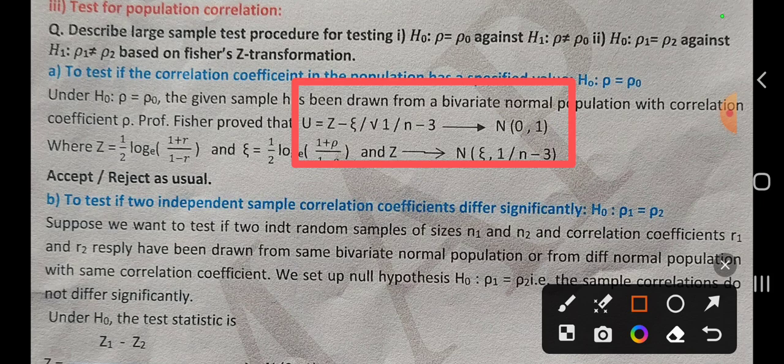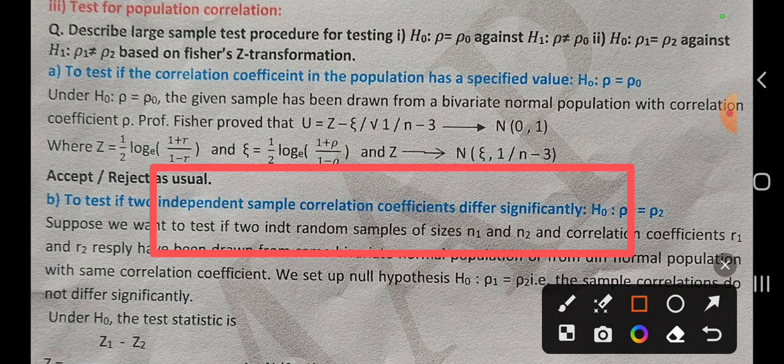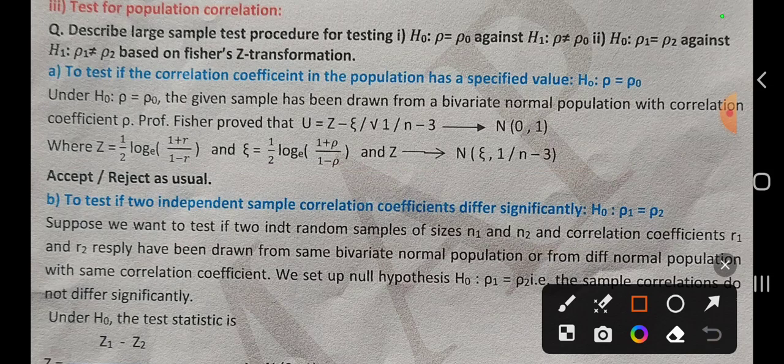The critical region: the table u can be obtained such that for a two-tailed alternative, the probability of u being greater than or equal to u alpha by 2 equals alpha. Compare the calculated u and the table u. If the calculated u is less than the table u, then we accept the null hypothesis, otherwise we reject the null hypothesis.